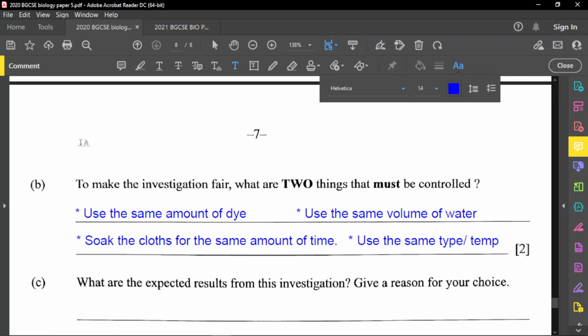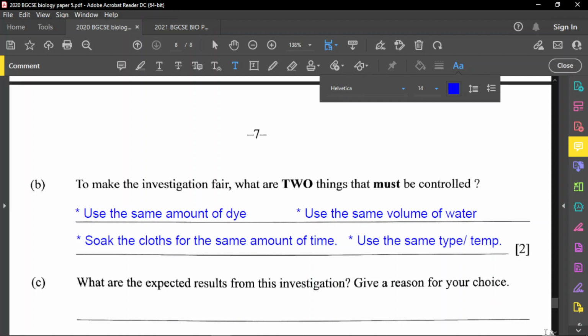The temperature could also cause damage: if the water is too warm or too hot, then it will damage the enzymes that are placed in the biological detergent, right? And so that will also cause you to have errors. So the water temperature used must be constant and at a moderate temperature, not too hot, not too cold, right? You want it to be fair. Give the enzymes time to work.